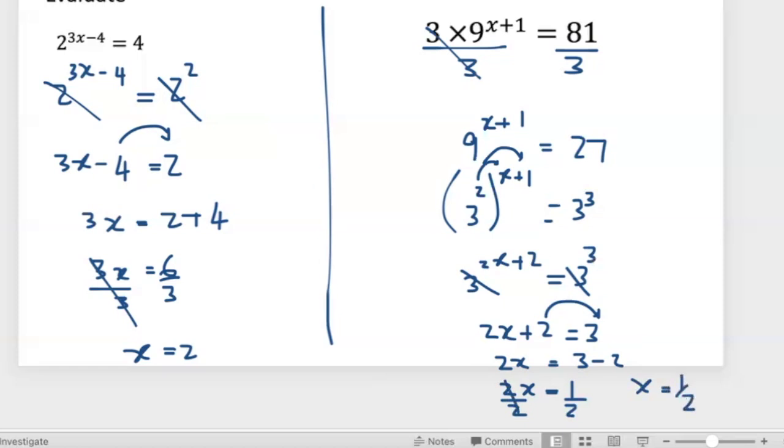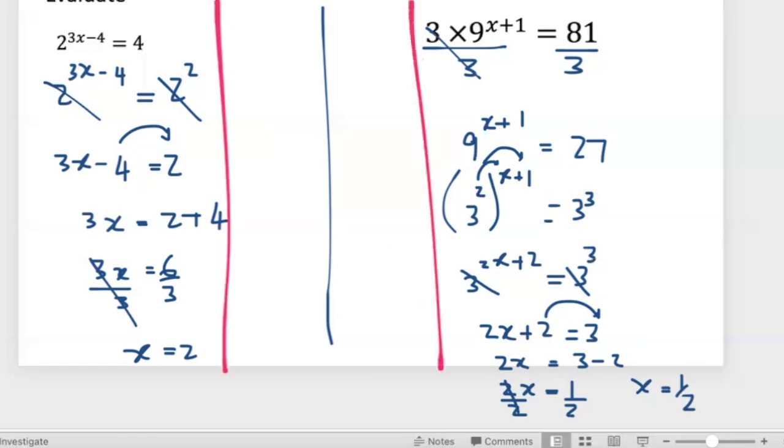Another way that persons would do this question, let me do it in the center. So we have 3 times 9 to the x plus 1 equal 81. So we know 81 is 3 to the 4th.